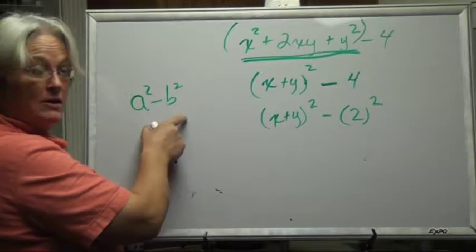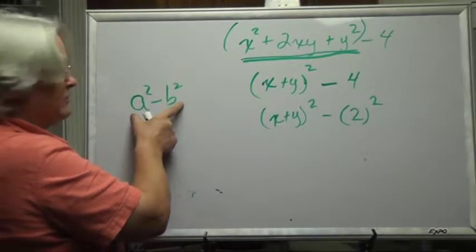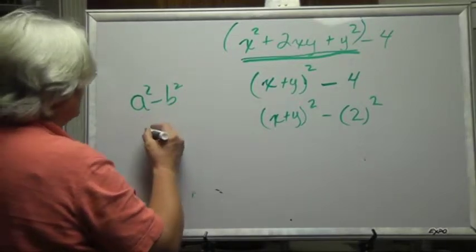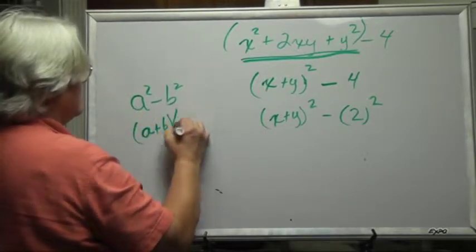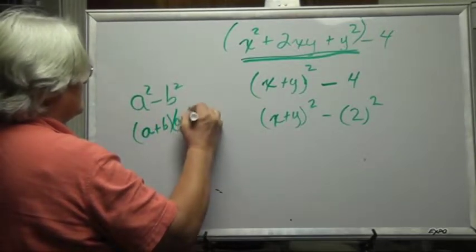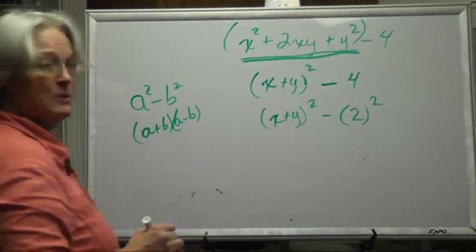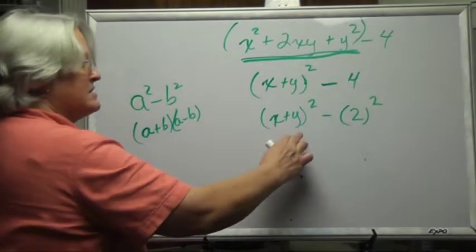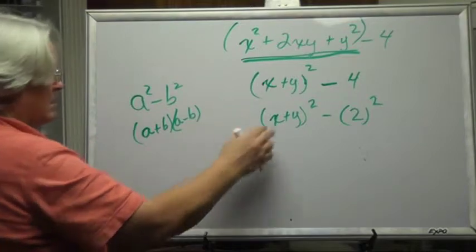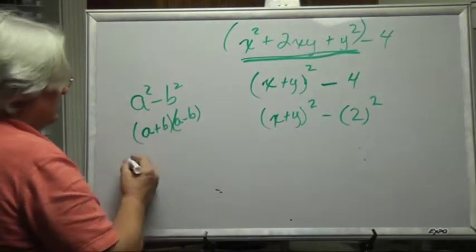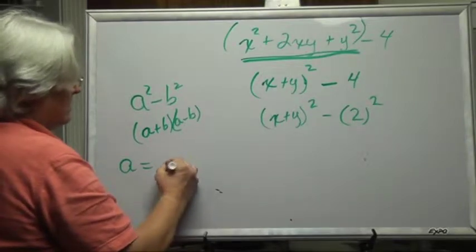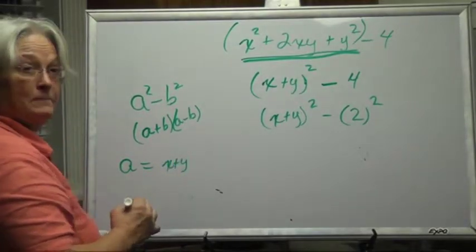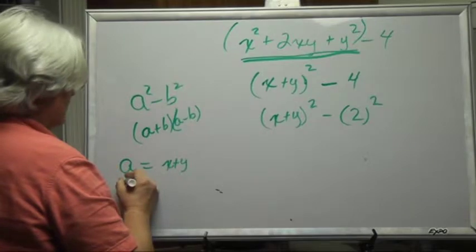The way that you factor the difference of two squares is the sum of the square roots of the terms times the difference of the square roots of the terms: a plus b times a minus b. This is a little different though. What is our a equal to here? Well, our a is actually x plus y, and our b is 2.